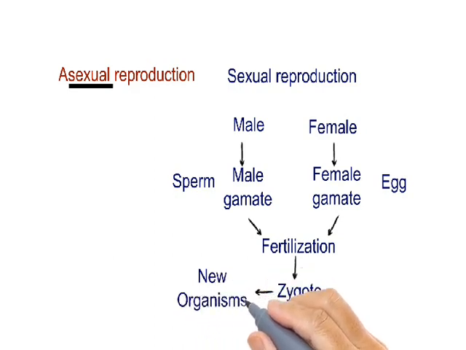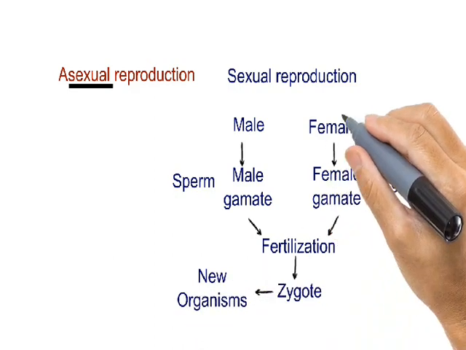So this is the basic concept of sexual reproduction. Male and female gametes are produced, they fuse with each other to produce a cell called a zygote, and then the zygote develops into the new organism, either male or female.